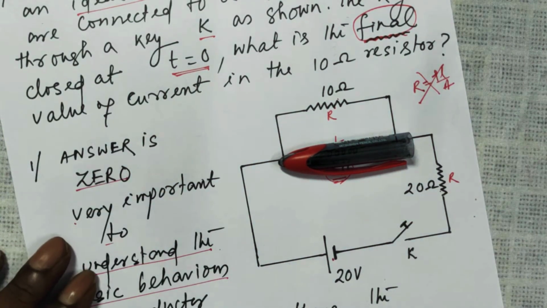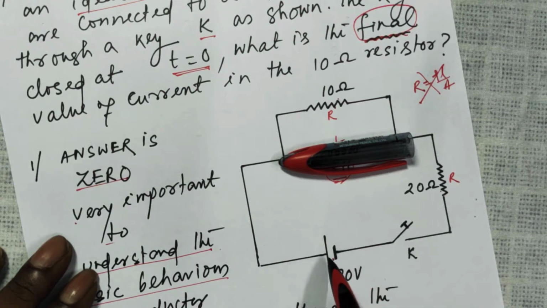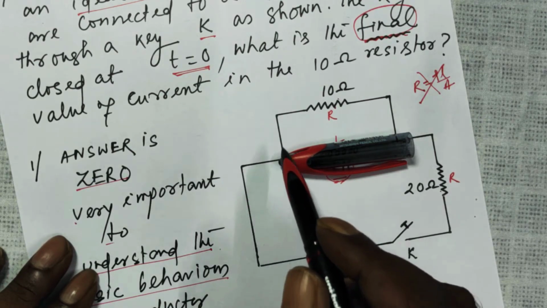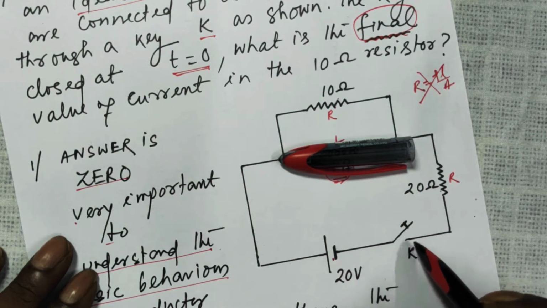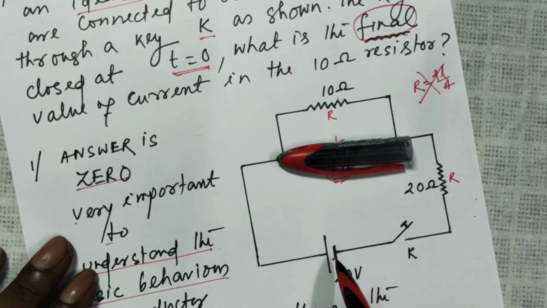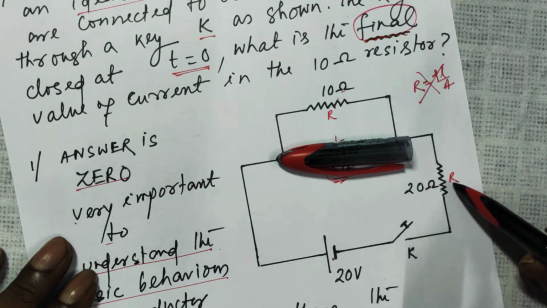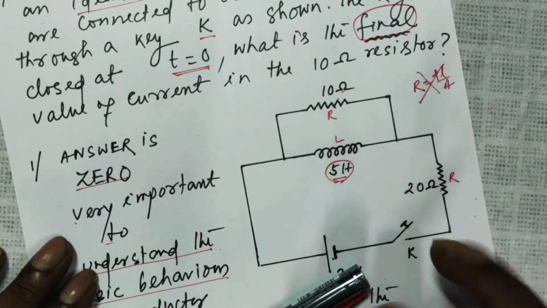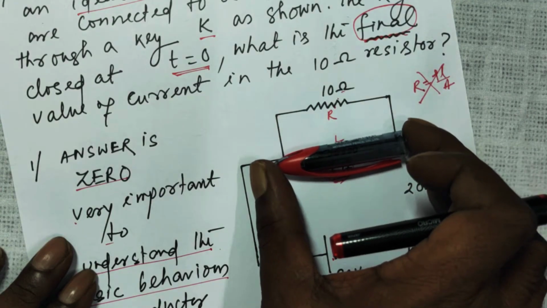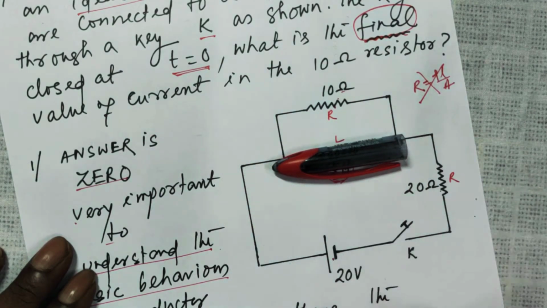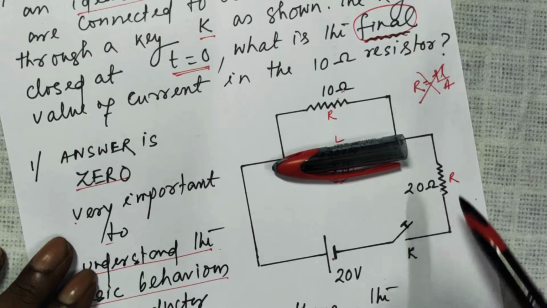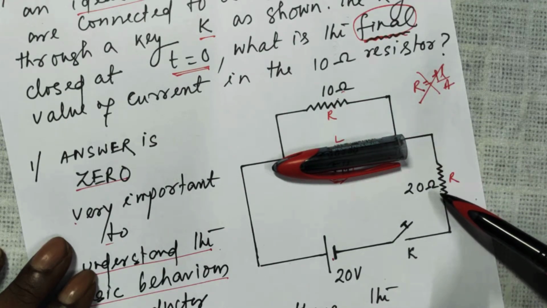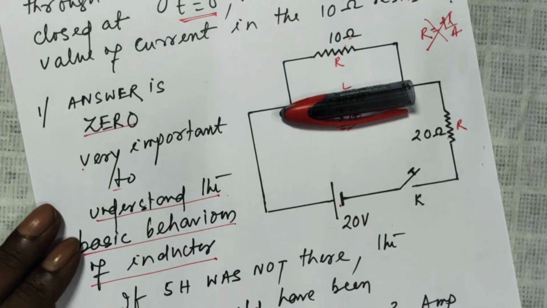If the inductor is not there, then if you look at this path, it is a complete path, and if the key is closed, this resistance and this resistance are in series. Let me close it by putting my cap here. If it is not there, then this path is complete and the key is closed, so 10 and 20 are in series.